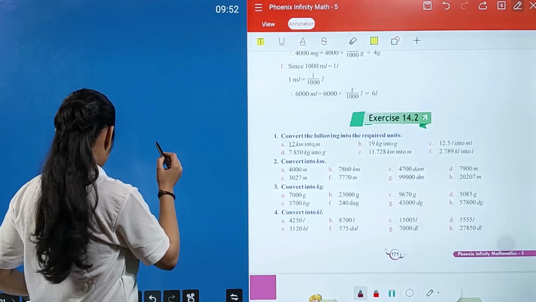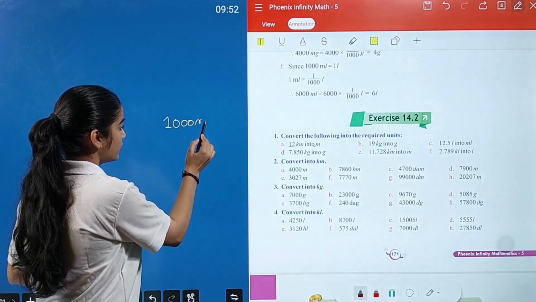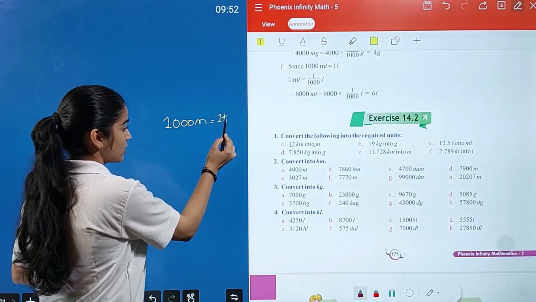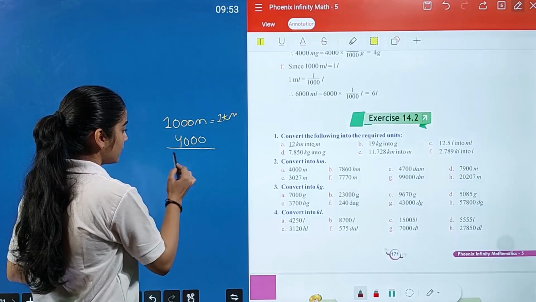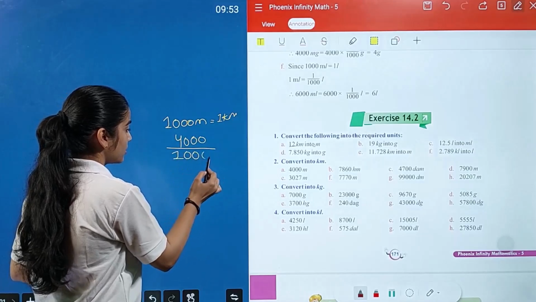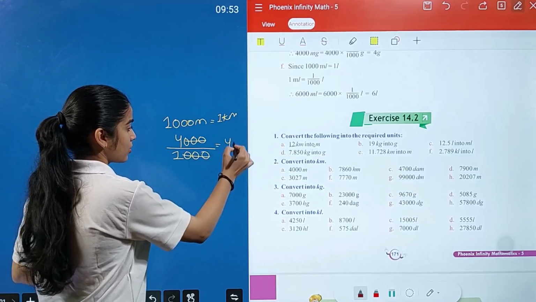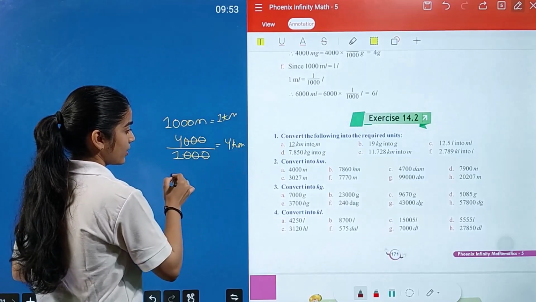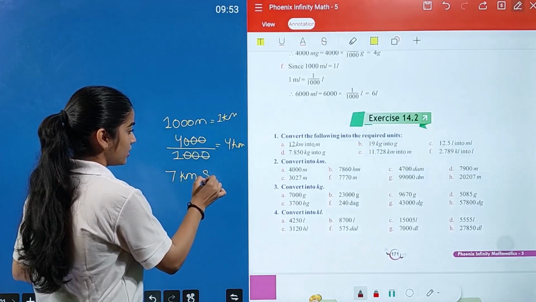Now convert in kilometer. Again, 1000 meter is equal to 1 kilometer. So in this case, we have to divide 4000 by 1000. 3 zeros are cancelled out with 3 zeros. So 4 kilometer is your answer. In this one, 7 kilometer 800 meter.